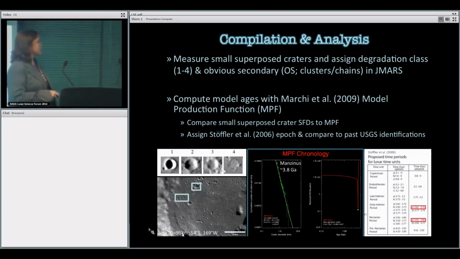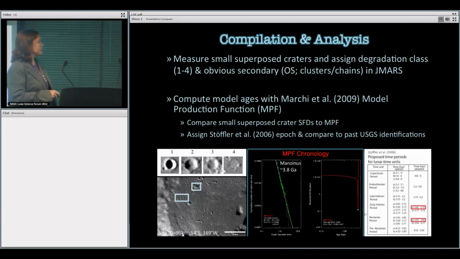Once we've computed the age, which is just a basic fit of the model, shown in white here, to our data points, shown in green, in a cumulative plot by reducing chi-squared, we get an age for the crater floor. And once we have the age, we assigned a Stoffler epoch from the 2006 paper, and we've assumed the 3.85 billion year age for Nectarian, for Nectaris in this case.